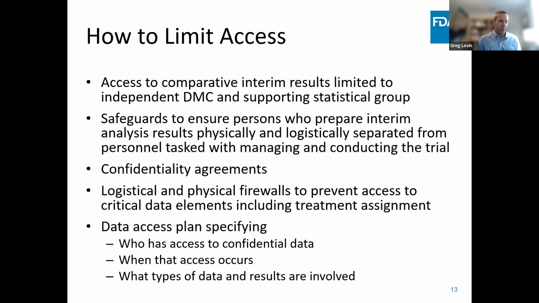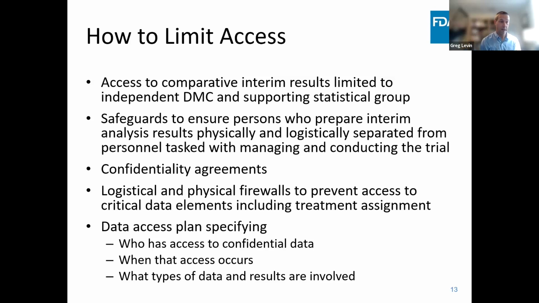And so how can this be achieved? Well, it's generally done through the use of an independent group like a data monitoring committee, where access to comparative interim results is limited to that independent DMC and the independent supporting group that is actually running the analyses and providing the interim reports for the monitoring committee, along with the use of safeguards to ensure that those people who prepare the interim analysis results are physically and logistically separated from the personnel tasked with managing and conducting the trial.